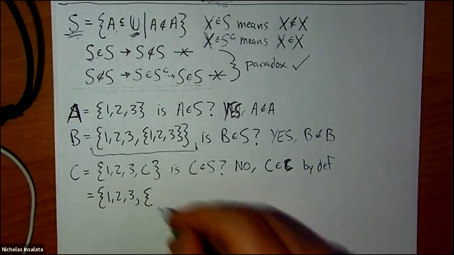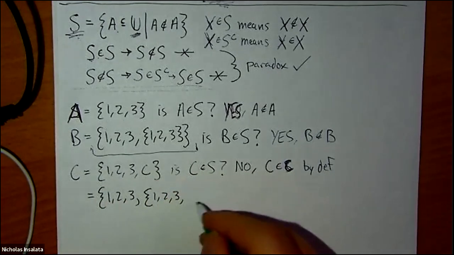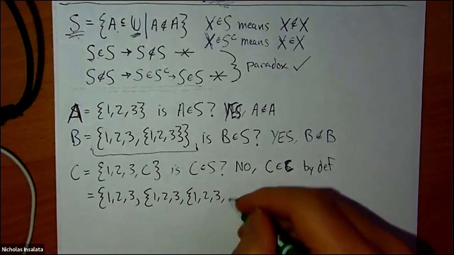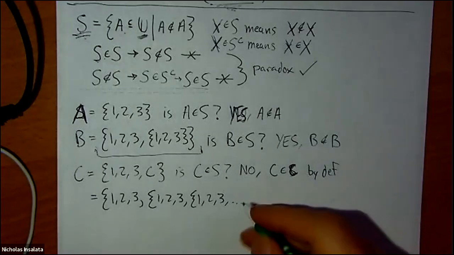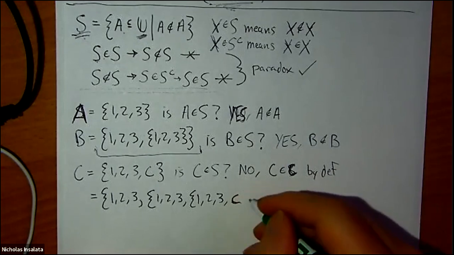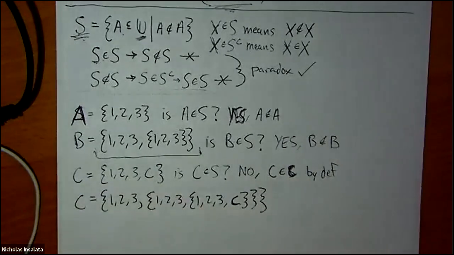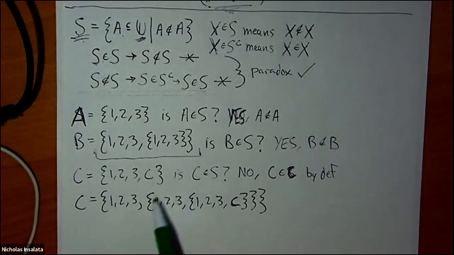And what's the set C? Well, the set C is 1, 2, 3, and the set C, which is 1, 2, 3, and the set C. And if you just stop right here at C, well, I still haven't defined C. This is correct, but it's not complete, because I've got 1, 2, 3, and then another set of C, which is 1, 2, 3, and then another set of C, which is 1, 2, 3, and then a C on there.